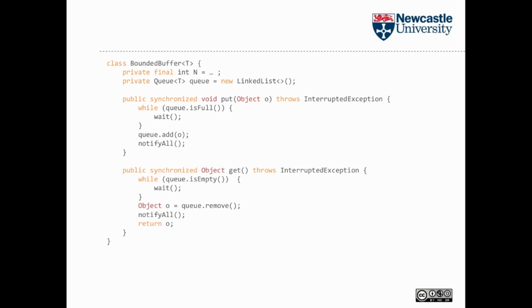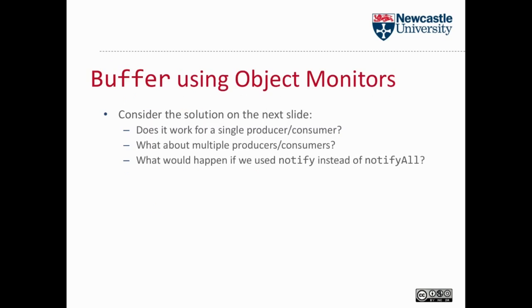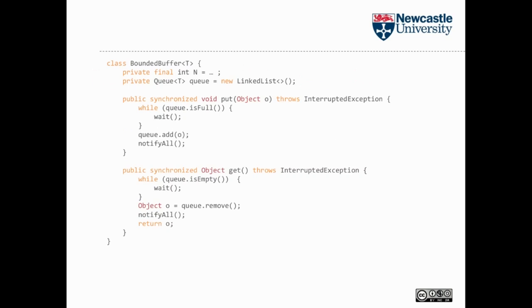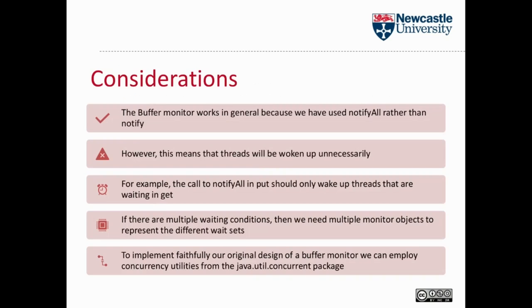So in this scenario, it works for a single producer and consumer, and it could also work for multiple producers and consumers. It's just that it is going to be quite clunky, by the way. So it's going to work, but it's going to be very slow because all the time you are waking everyone up, and so it's not going to work as you might expect.